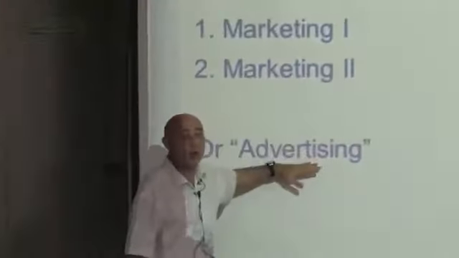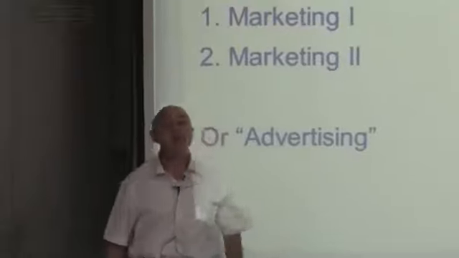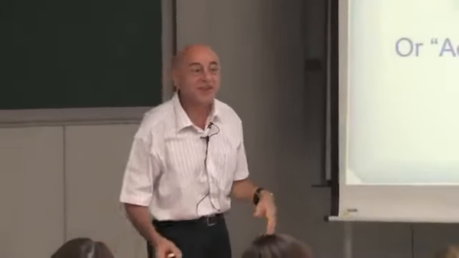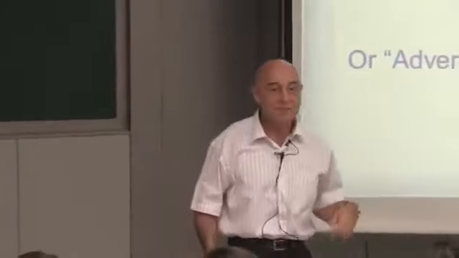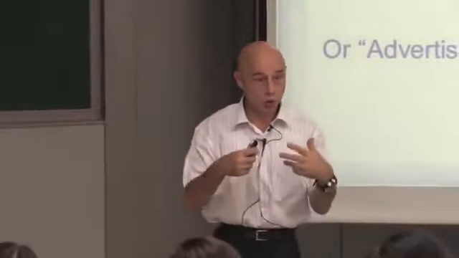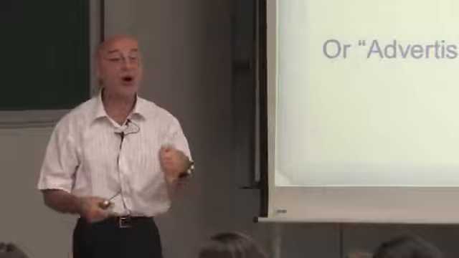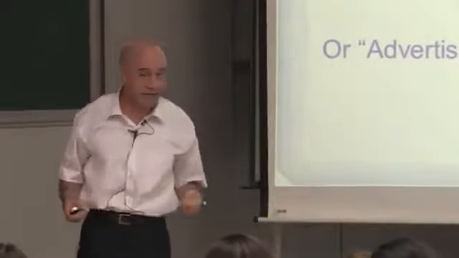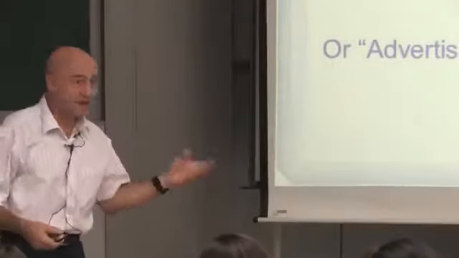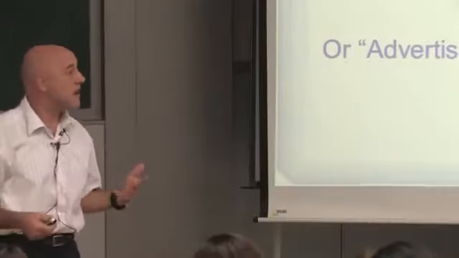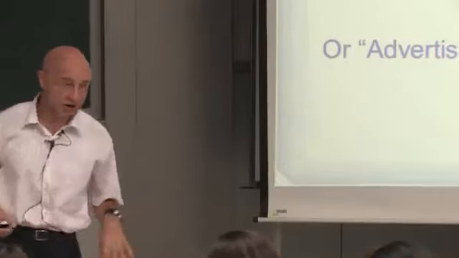For marketing, instead of marketing two, they just call it advertising. And you learn all the tricks about advertising. Advertising is about making the customer like, want, and eventually buy your product. Again, it's about advertising campaigns and promotions and all the other things that will make the customer buy your product. So that's what marketing is about.